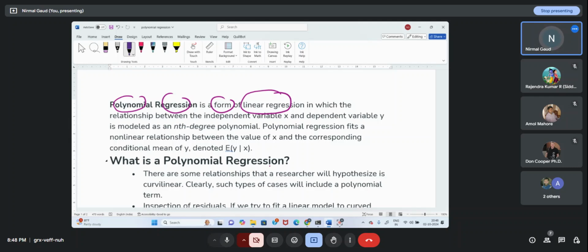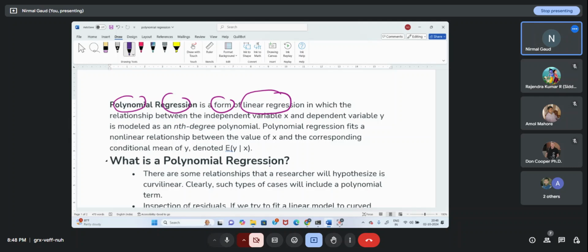Polynomial regression is a form of linear regression only.